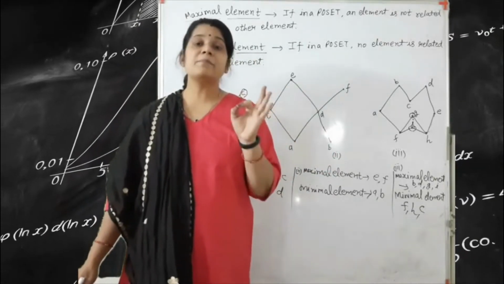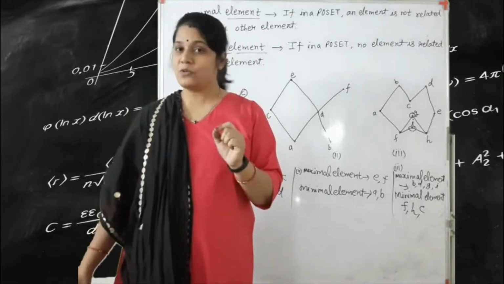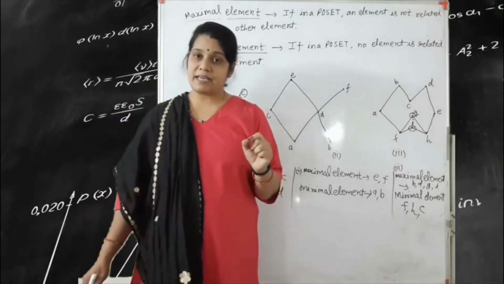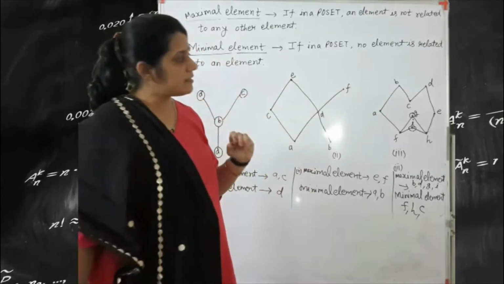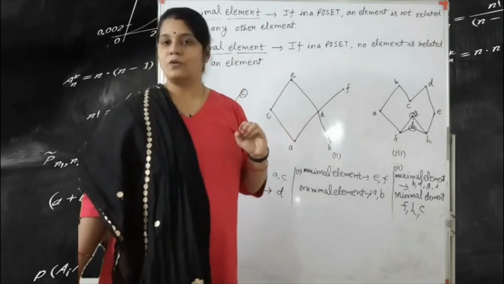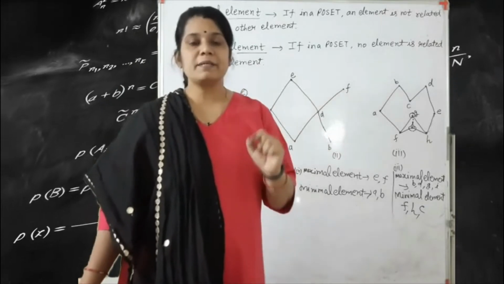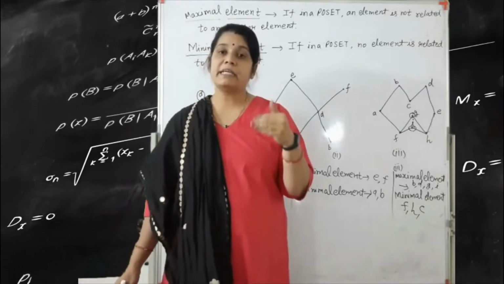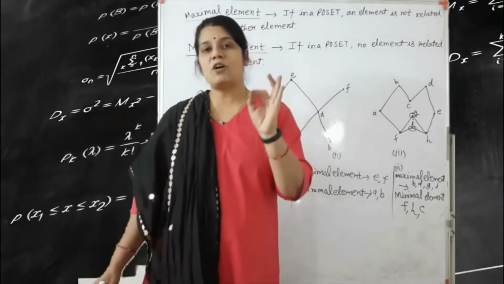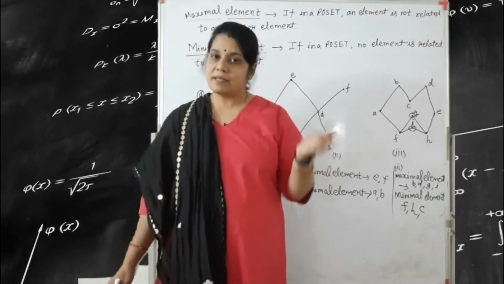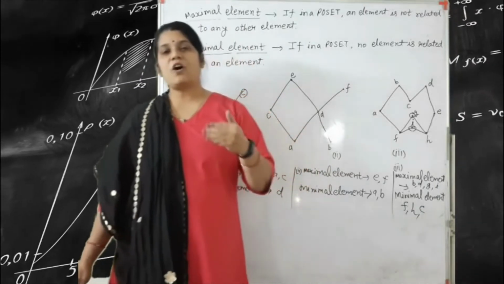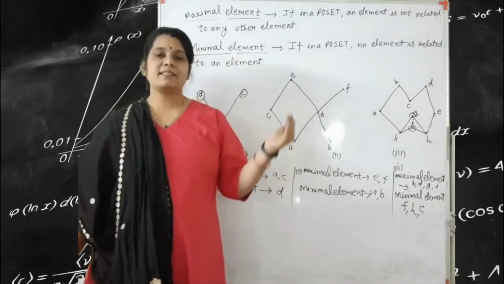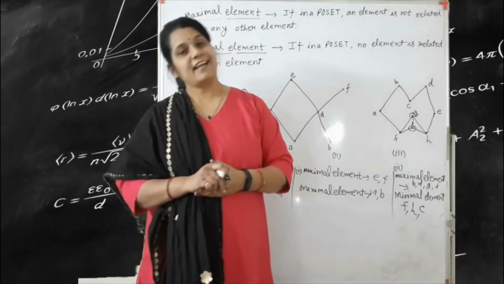But the maximum element is a unique element. Maximum element means every element is related to this element. So the maximum element is always unique and the minimum element is always unique. But maximal and minimal elements are always one or more than one present in your Hasse diagram.